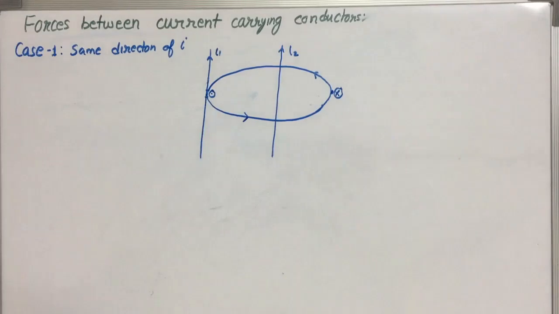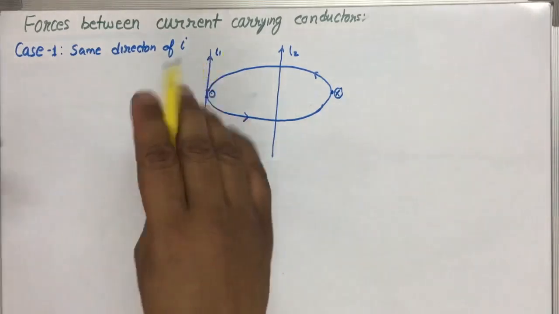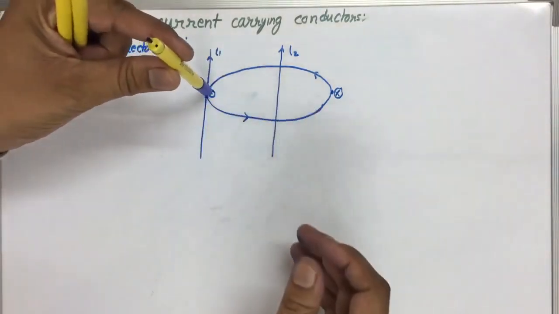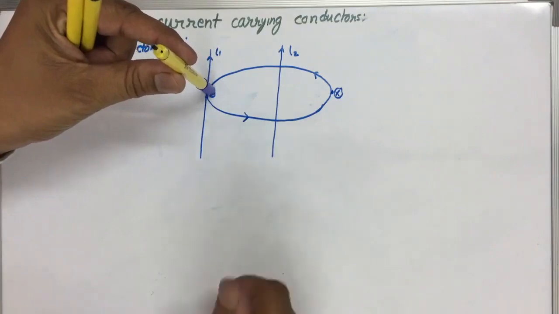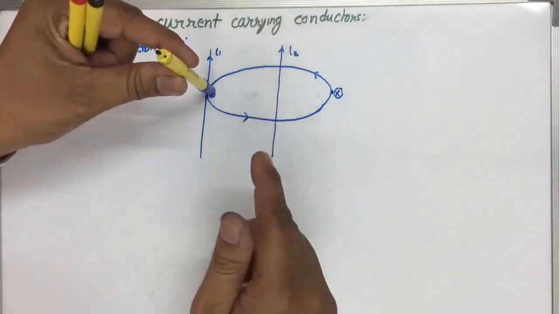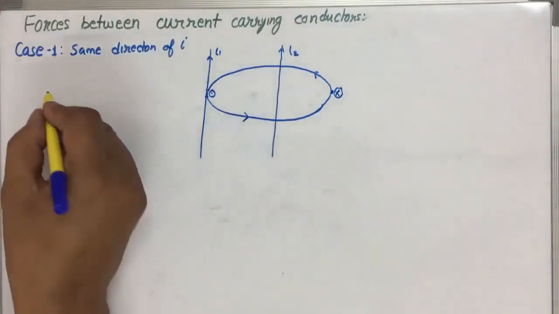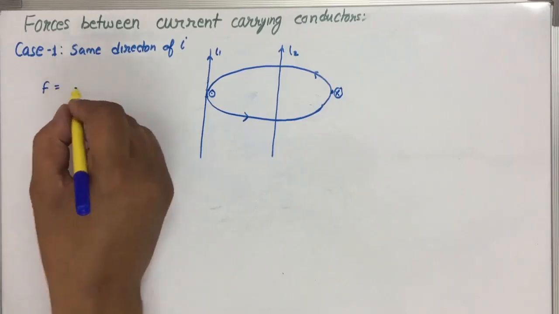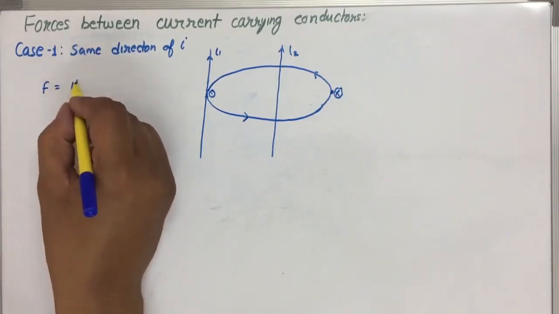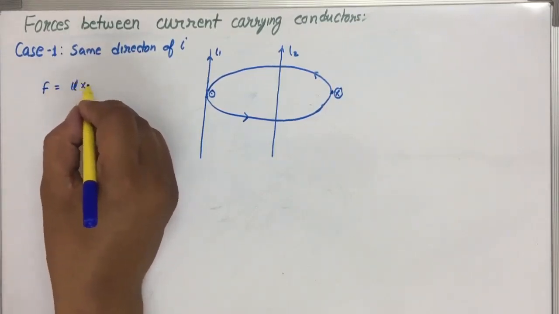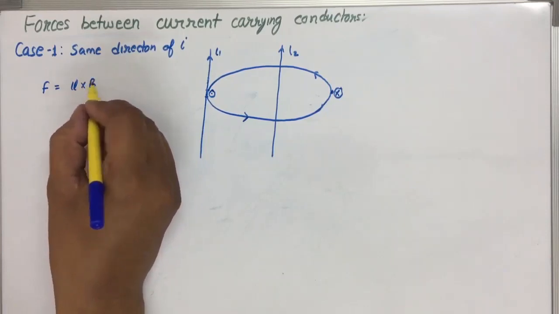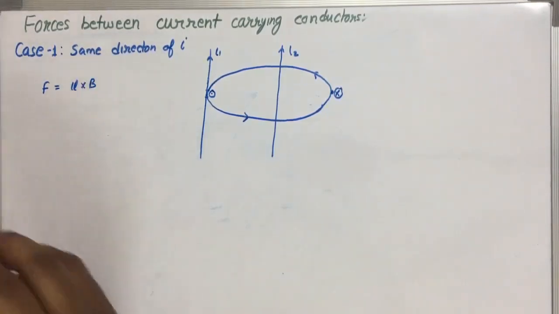Okay, and if the field is coming up like this and the current is this, then we know the force that we have studied is I dl cross B. We have studied this.